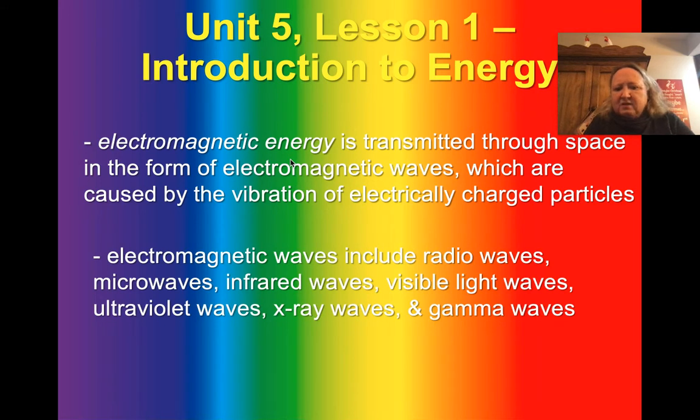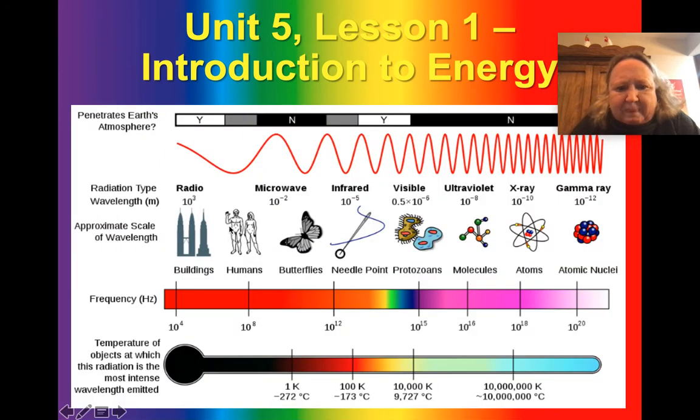As we talked about this fall, there are radio waves, microwaves, infrared, visible light, which is what we care about, ultraviolet, X-ray, all of those things. Here is an example of the different wavelengths and visible light on the electromagnetic spectrum.